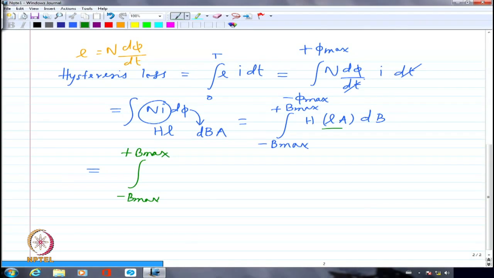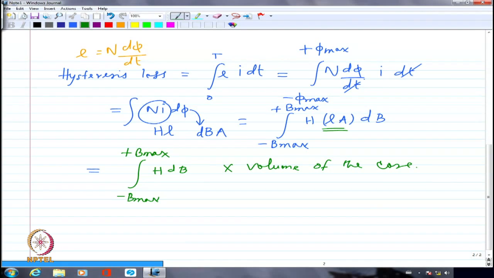A multiplied by L, I can call it the volume of the core, because I am looking at the overall length of the magnetic circuit, which is the average circumference of the core. And A is the cross-sectional area through which the flux is flowing, assuming a uniform cross-section. A multiplied by L gives me the volume of the core. So I can simply say it is H dB multiplied by the volume of the core.